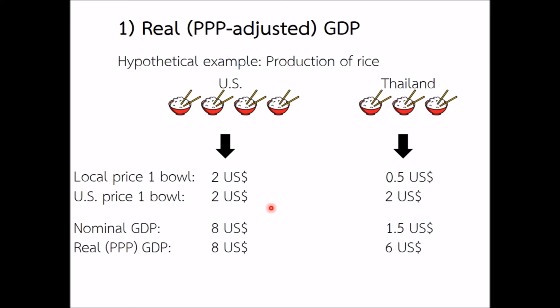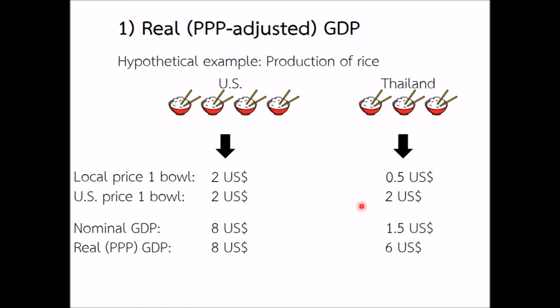And it will result in very different numbers for real GDP. The real GDP in the United States is the same as the nominal GDP because the price is the same as the one that we used before. It's still 4 times 2 equals 8.